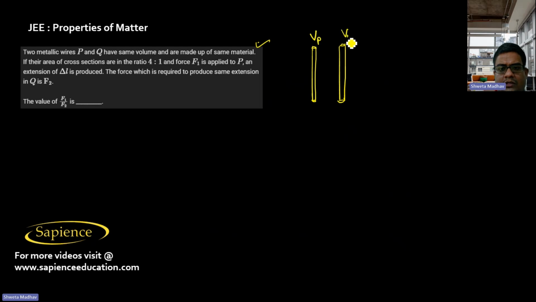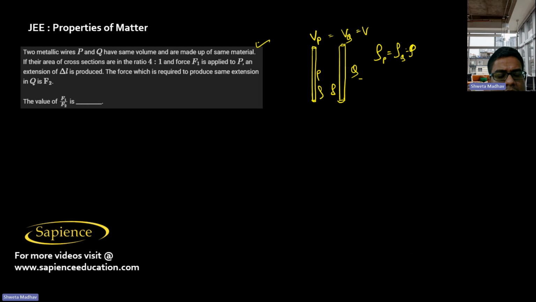So volume of P, that is same as volume of Q, and they are made up of the same material also. So their density is also same. Density of rho P and rho Q are same. Let's say that is rho only.